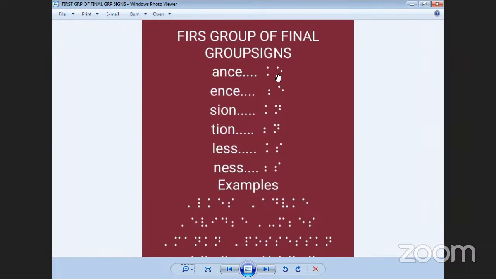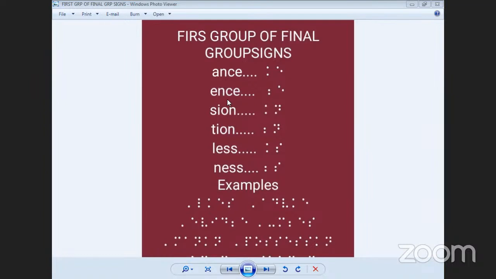That is A-N-C-E. And then when we are writing, for example, the word hence, let me do it in the chat box. Hence. We are having H-E-N-C-E.